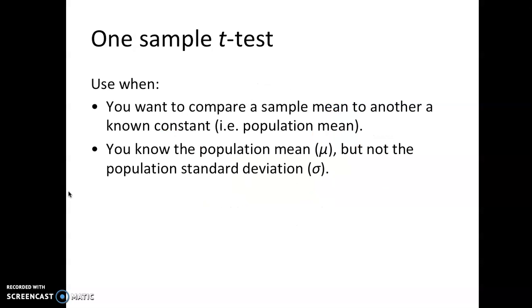Now, what if we wanted to compare a sample mean to a population mean but we don't know the population standard deviation? Well, we can't use the z-test because that requires the population standard deviation. Instead, we will use a one-sample t-test.